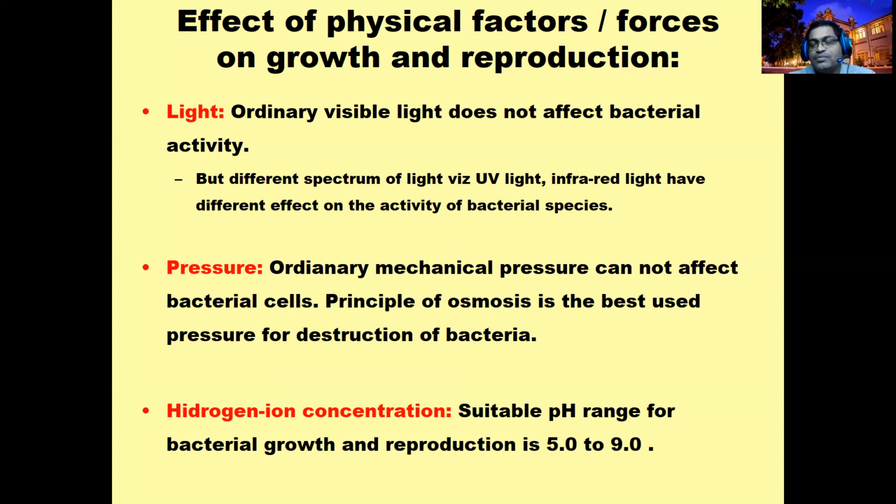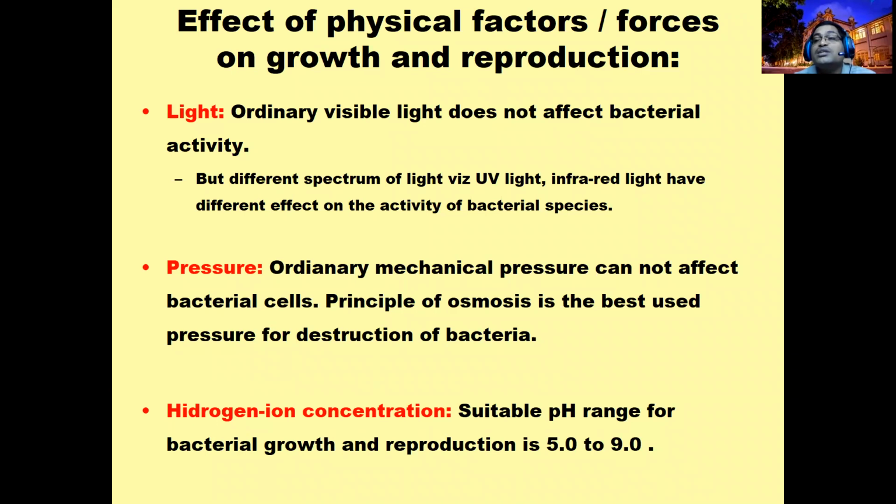And another factor is pressure. Ordinary mechanical pressure cannot affect them. Bacteria can survive under culture conditions, even at the pressure conditions in which humans and plants are living. But the principle of osmosis is best used with pressure for destruction of bacteria.